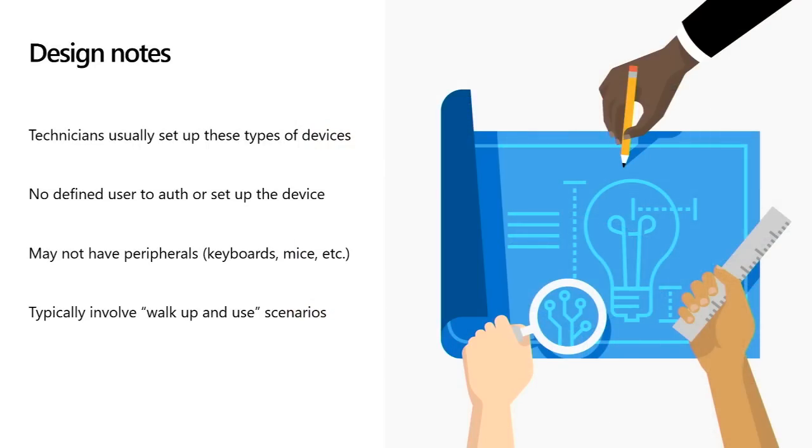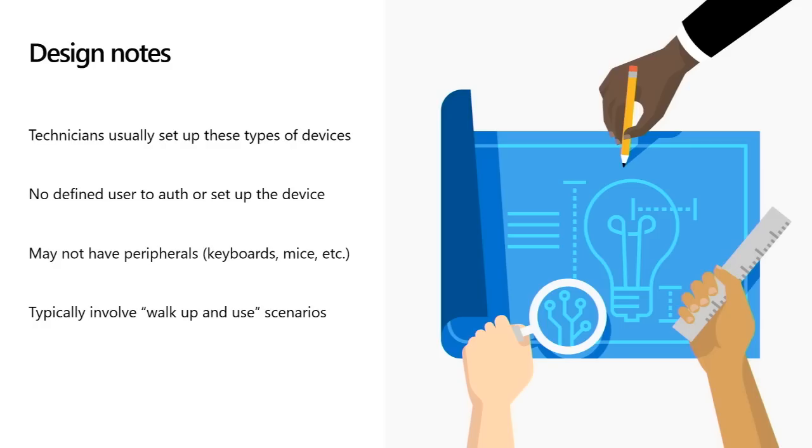The other piece we had to work around is that these types of devices typically don't have peripherals. You don't generally have keyboards or mice to input data into those machines. And they typically involve walk-up and use scenarios.